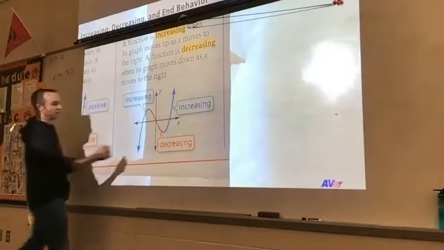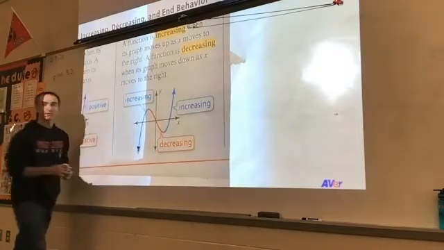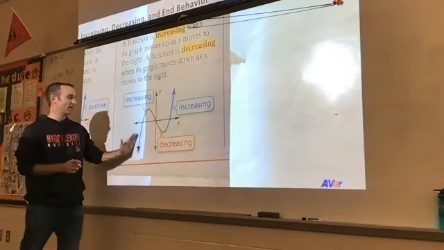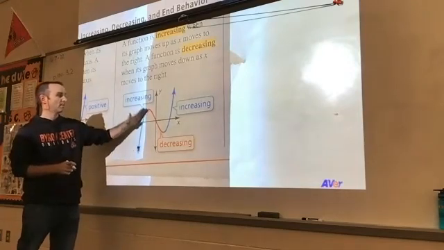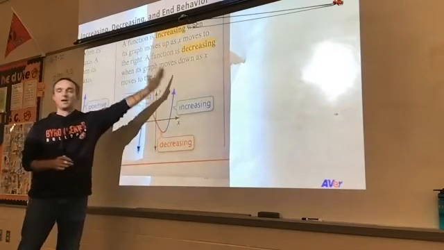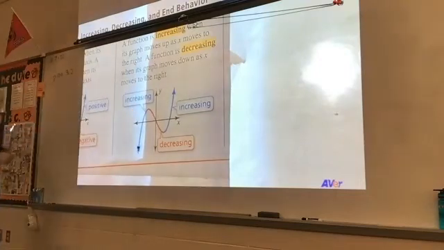The arrows can trick you. Ignore the arrow. We are going up here. We're going up and then down and then up again. Increasing versus decreasing. The blue is increasing, the red is decreasing because we're reading it left to right.